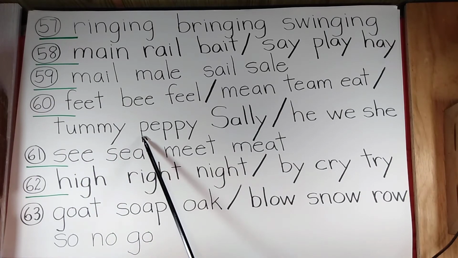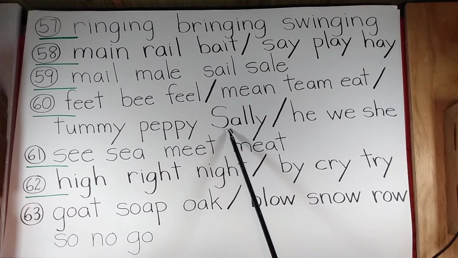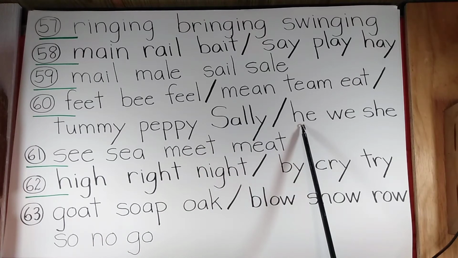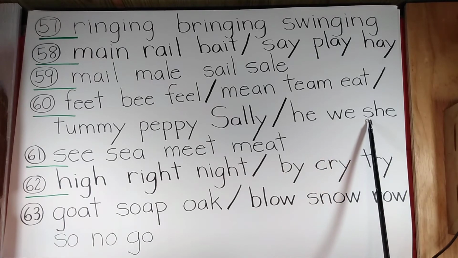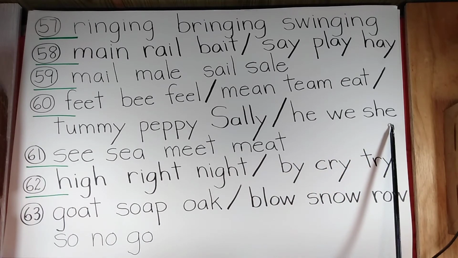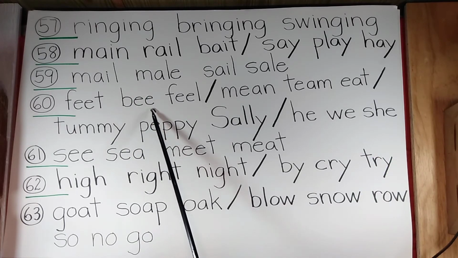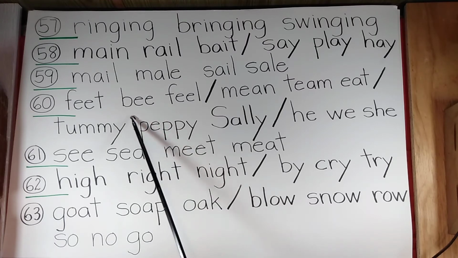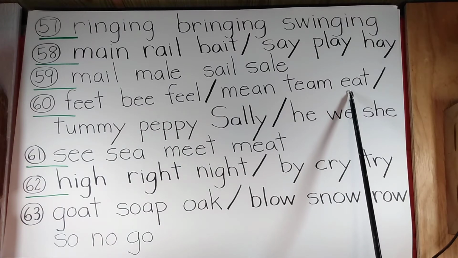Tummy, peppy, Sally, he, we, she. There are 4 different sections here because double E makes the long E sound, like in be. EA together, usually, not always, makes the long E sound, like in eat.